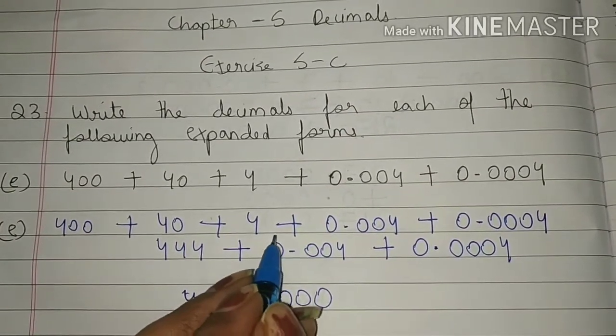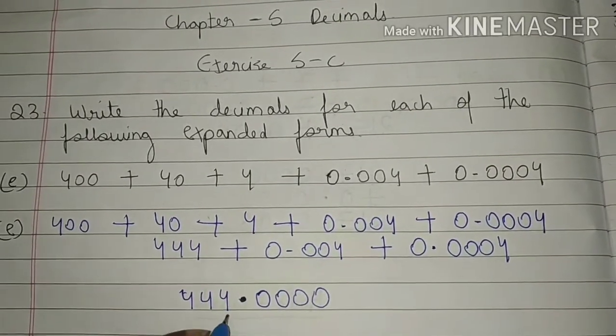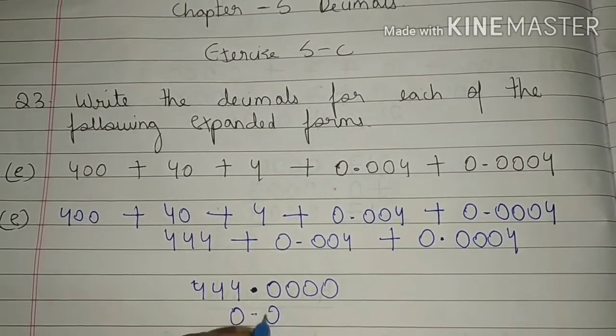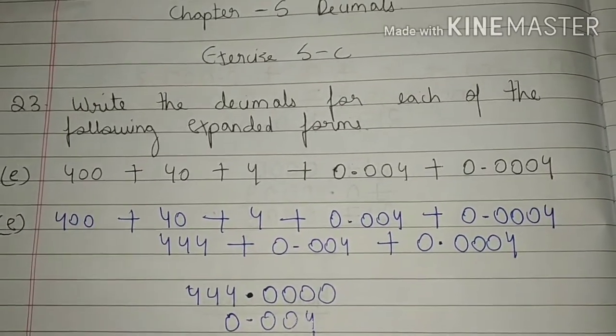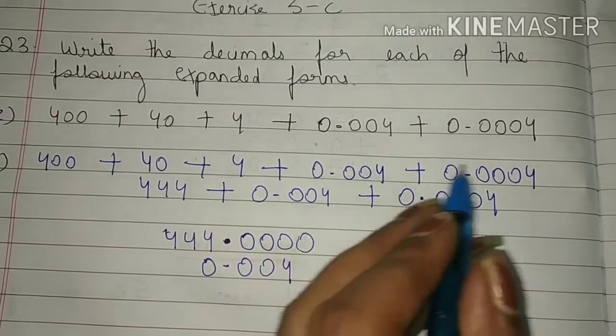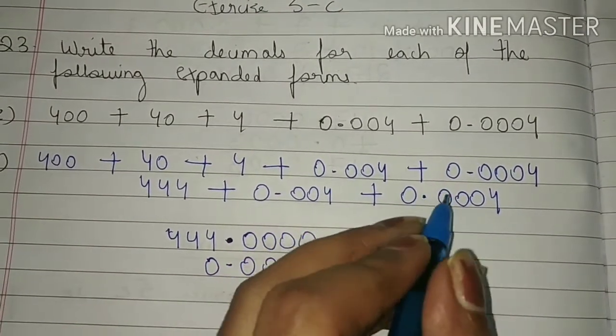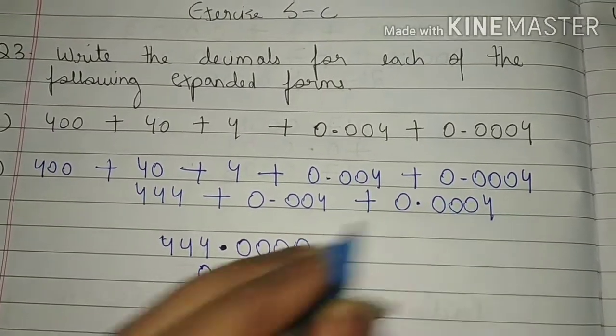Now students, we will copy down 0.004 here. Now students, we will copy down this number, 0.0004 here.